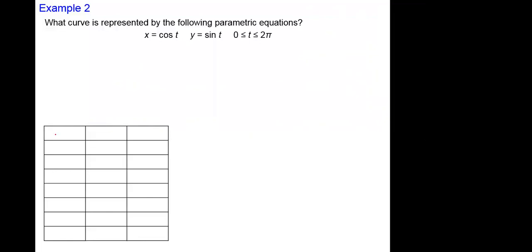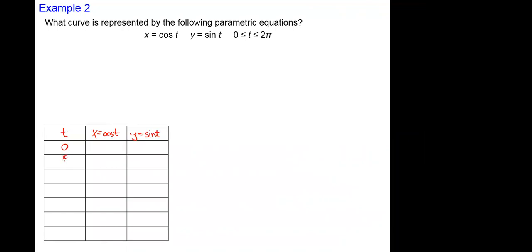Okay, let's try the parameter t. The x value is cosine of t, and y is sine of t. We will have an initial point and we will have a terminal point. It's from 0 to 2 pi.